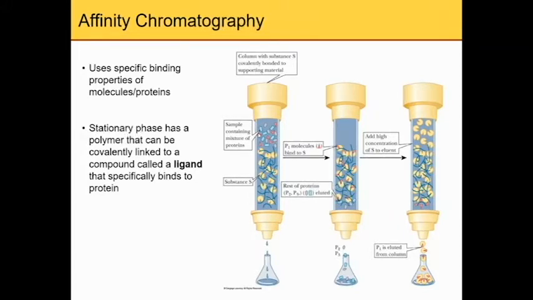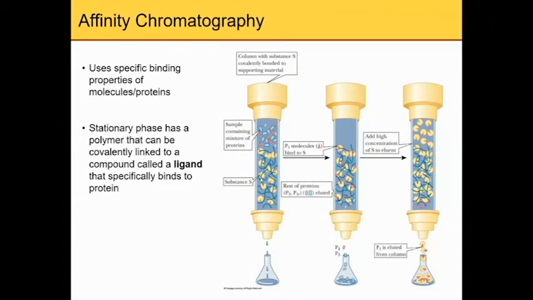Okay. So basically, the principle of affinity chromatography is that in a mixture of proteins, only one binds to the substrate, substance S. Okay? And the substrate is attached to the column matrix.